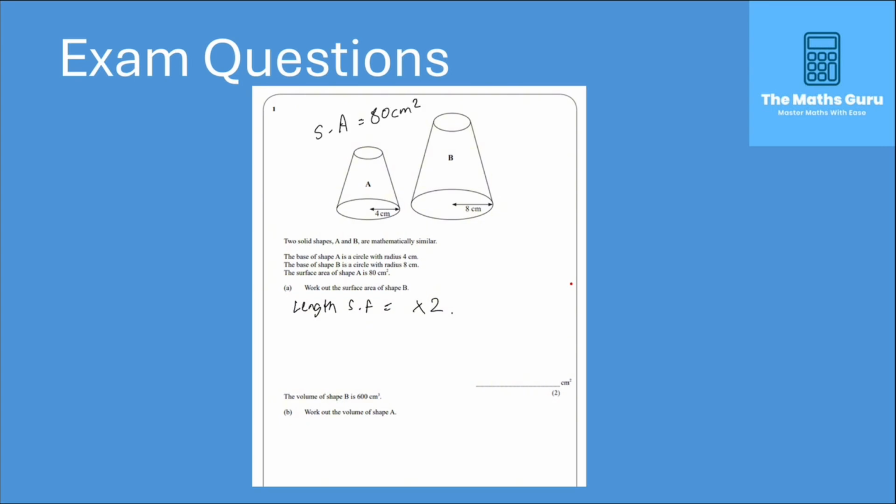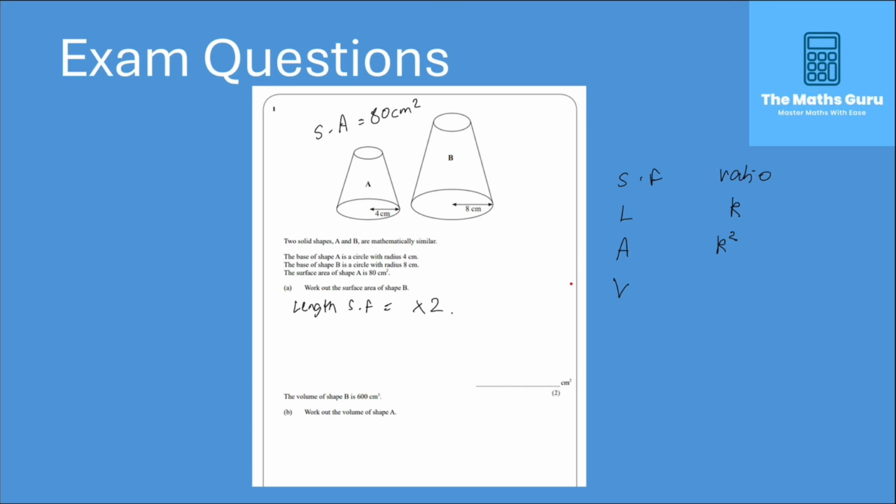And if you remember guys, we have scale factor here and we have, let's say, length, area and volume. So the ratio between smaller and larger shapes for length is in general going to be a factor k. Then we know our area scale factor is going to be k squared.